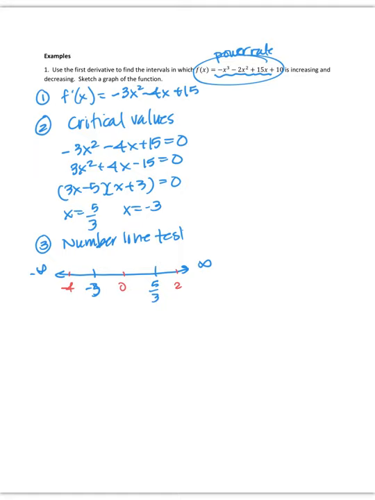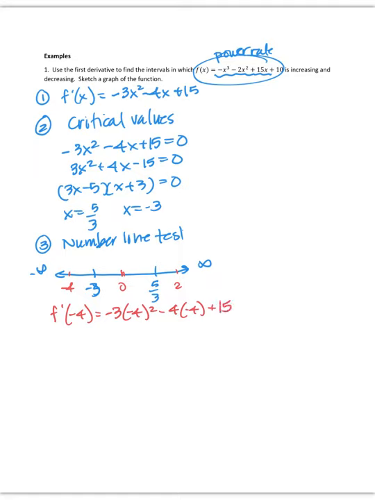So we are going to plug these values into our derivative to get an idea of whether it is increasing or decreasing. Now we take negative 4, 0, and 2 and put those into the derivative and see whether we end up with a positive or negative value. We're not really concerned with the number, we're just concerned with the sign. So we put in negative 3 times negative 4 squared minus 4 times negative 4 plus 15.